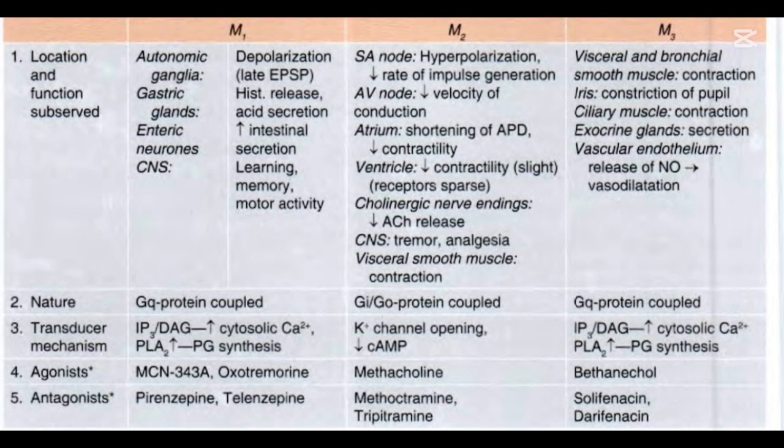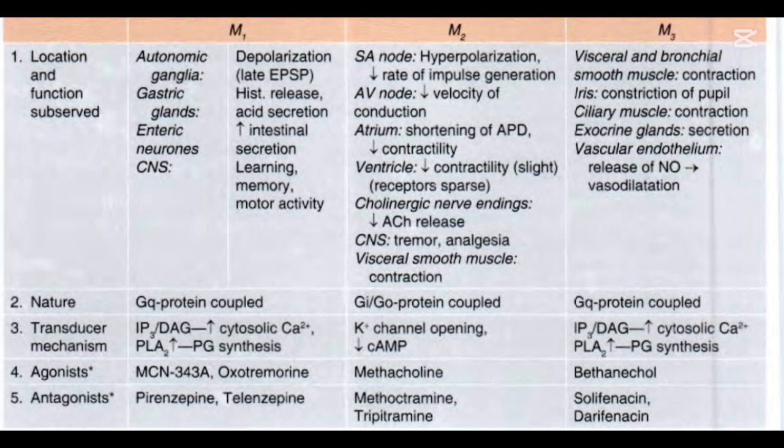The enteric nervous system is the third part of the nervous system; we call it the local nervous system. You can see the M1 receptor in all these places, and the purpose here is to help release histamine. Histamine and HCl are secreted majorly by the gastric glands. Then the enteric nervous system mainly secretes intestinal secretions.